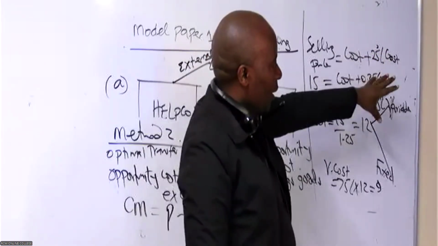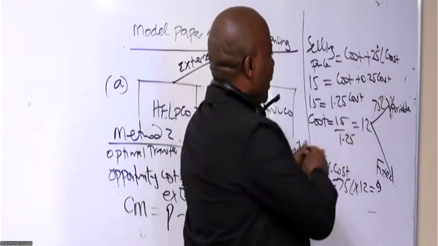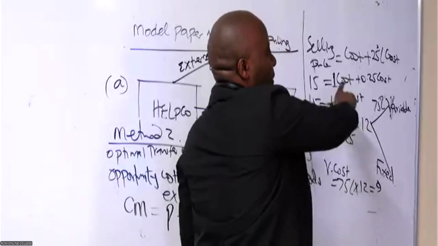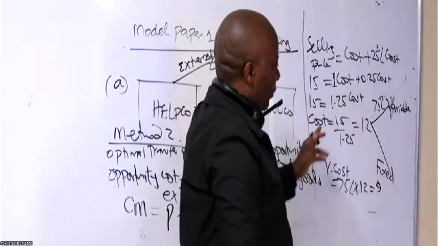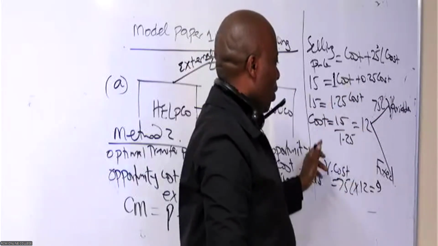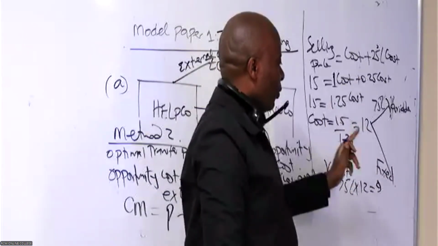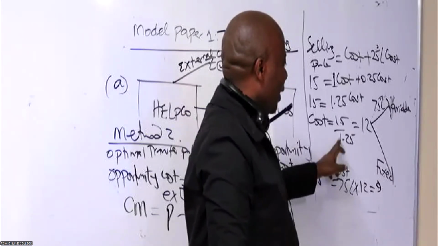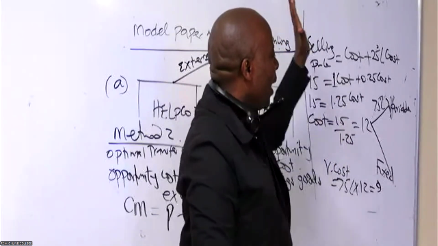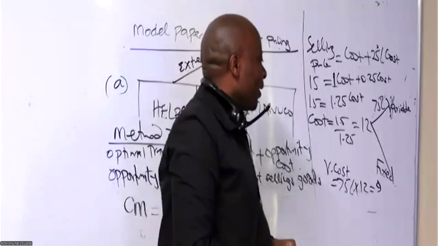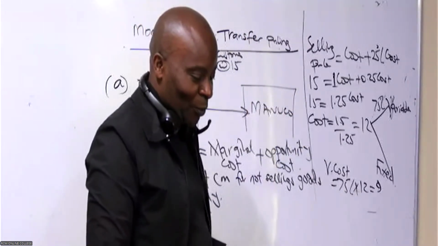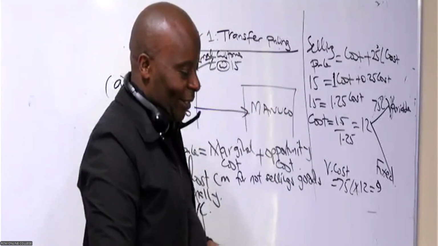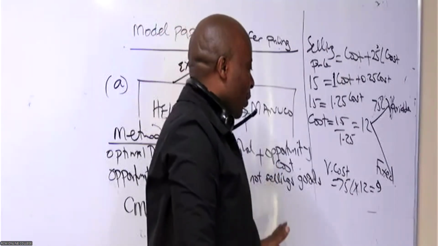When you take 0.25, you know there is an implied one here: one cost plus 0.25 cost gives us 1.25 cost. So the cost will be 15 over 1.25, which is 12. If you try working with 0.25, you will get a crazy answer; the cost will be far higher than the price of 15. It wouldn't make sense at all. So we know the variable cost is 9.